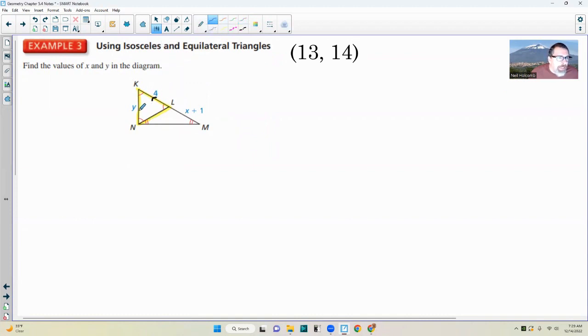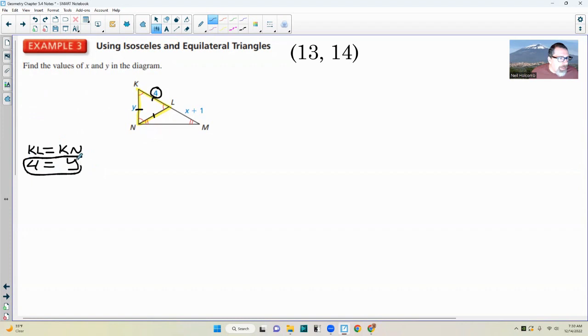Since it's equiangular, it's equilateral, and all three sides are congruent. KL is 4. So since that's an equilateral triangle, the length of KL is equal to the length of KN because all sides are congruent in an equilateral triangle. And since KL is 4, then KN is Y.